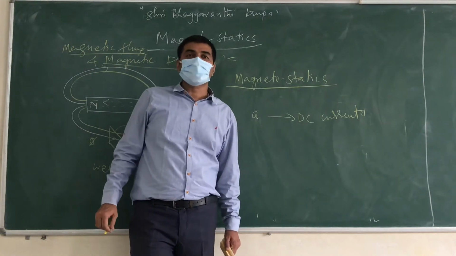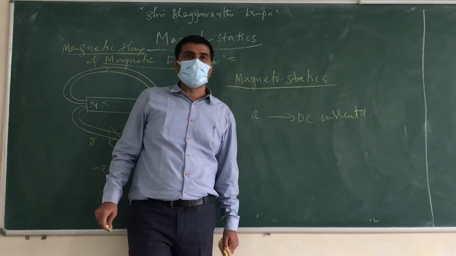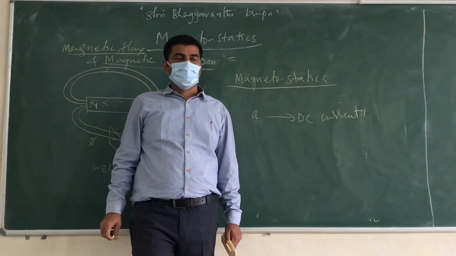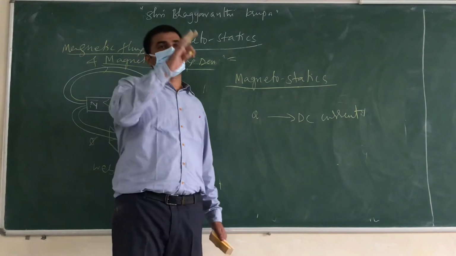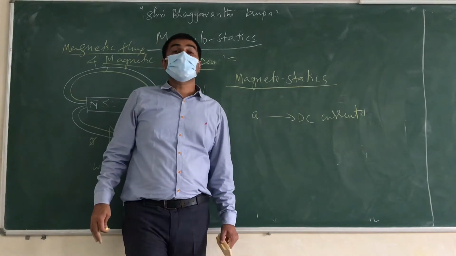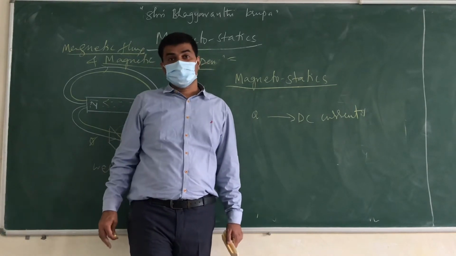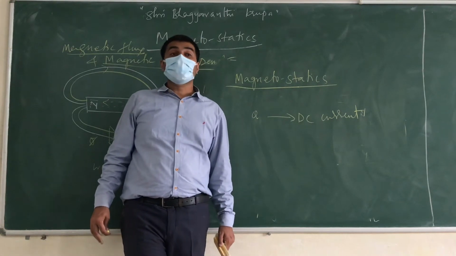Next point, the flow of DC current in a conductor creates a magnetic field around it.